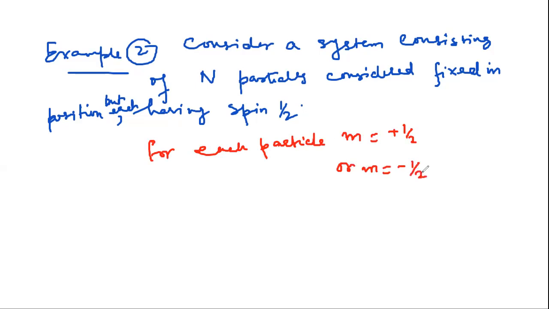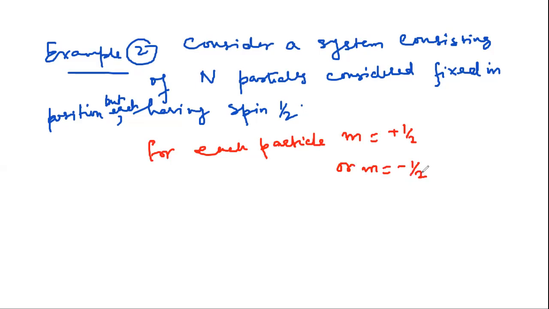That means, as we already discussed, that with respect to some specified axis called the z-axis, its spin can be along that axis or anti-parallel to that axis, which we label as up or down state. So for each particle, there are two states possible specified by the value of m. It can be half or minus half.